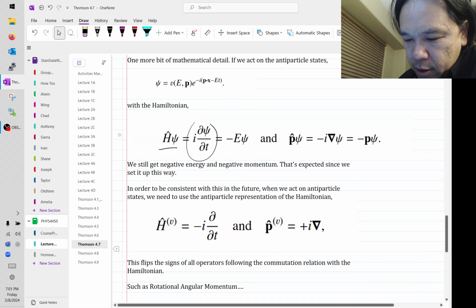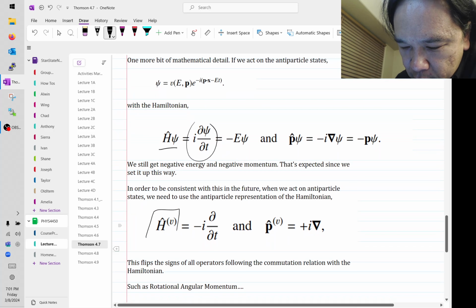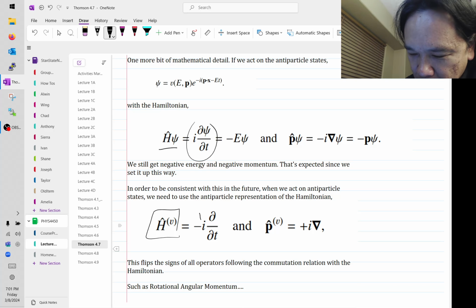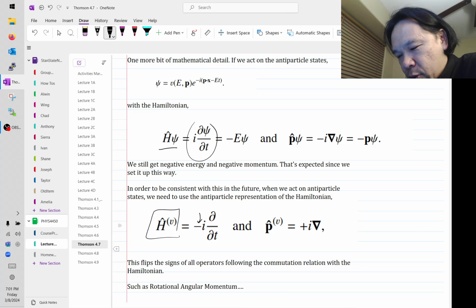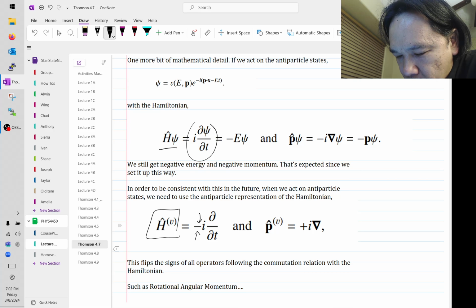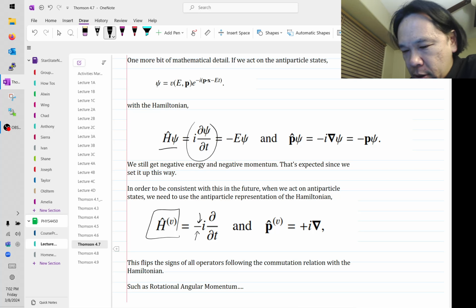What we need to do is define an antiparticle Hamiltonian operator, where we always flip the sign whenever we see time, energy, or momentum. Therefore, the antiparticle version of the Hamiltonian is going to have a negative i in front as opposed to a positive.